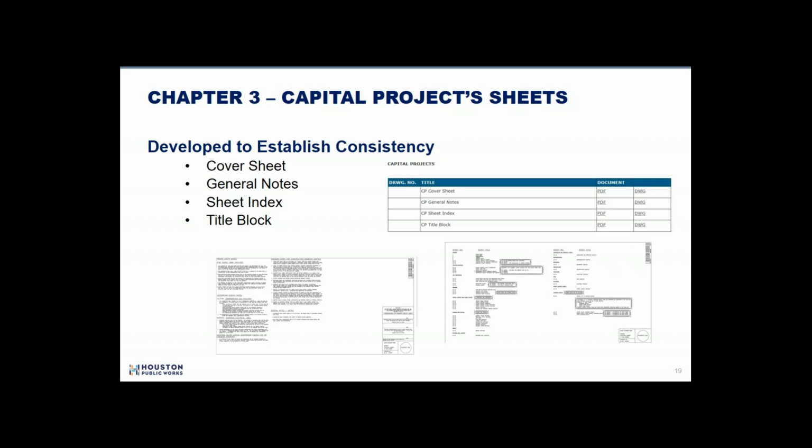We've seen it used for everything from specification-driven items to clarification of pay items. Its current intent, really, now, if you look through all the plan sets that were out there at the time for bid, a lot of the stuff that was winding up on the capital projects general note sheet really shouldn't have been there.